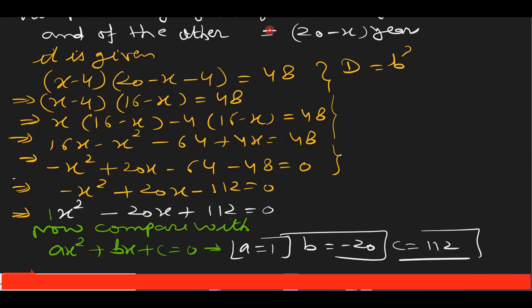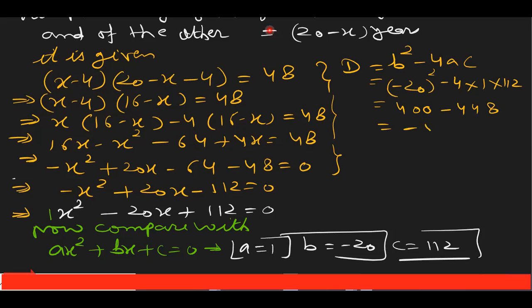Discriminant is given by b square minus 4ac, that is minus 20 square minus 4 into 1 into 112, that is 400 minus 448, which is minus 48. And minus 48 is less than 0.